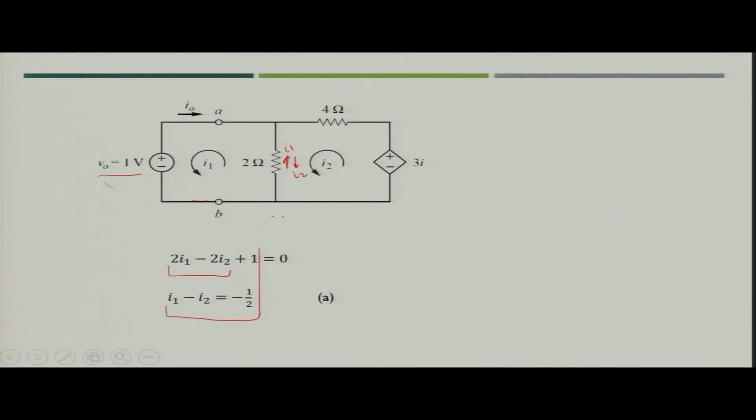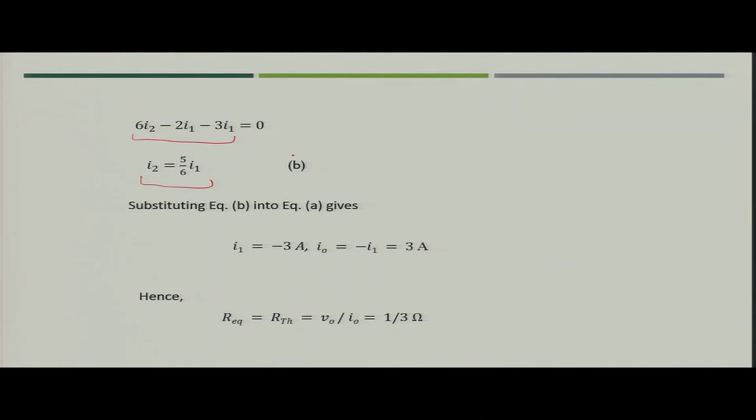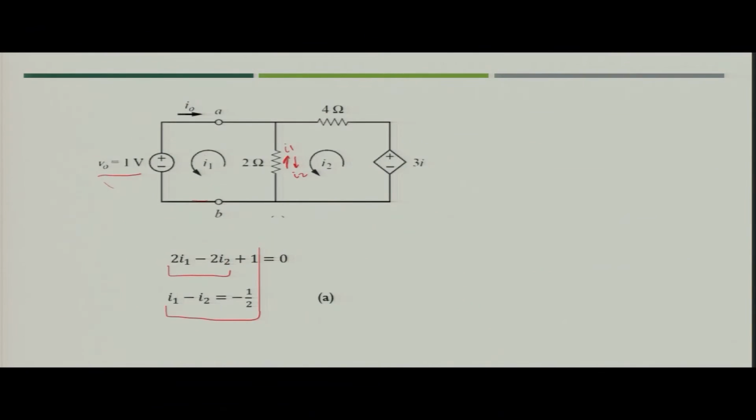Now, we have two equations, A and B, in terms of I1 and I2. If we solve, we get the value of I1 as minus 3 ampere. Now, I1 is opposite to the direction of I0, which is the current flowing through the 1 volt voltage source.